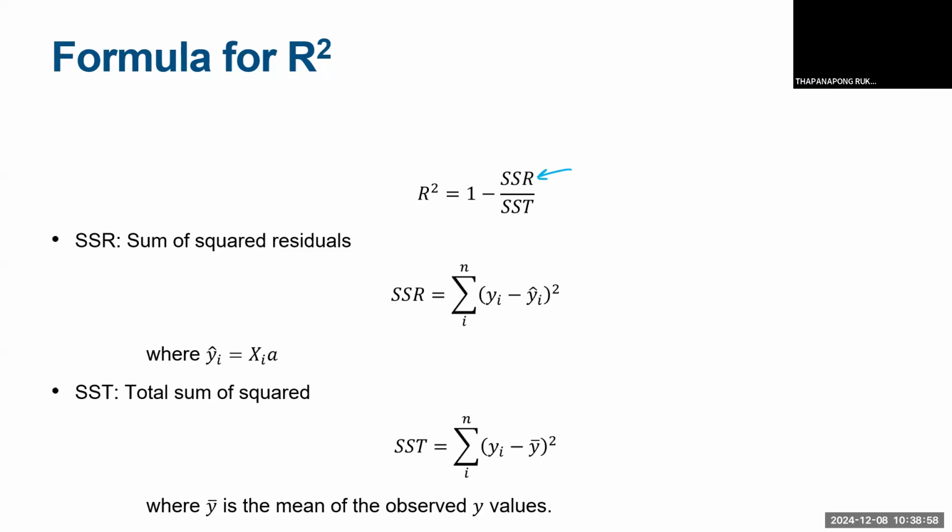SST is the total sum of squares, and what it does is that y-bar is the average of all of them. So you have your targets, right? You just compute the average of all the targets. That is your y-bar, right?